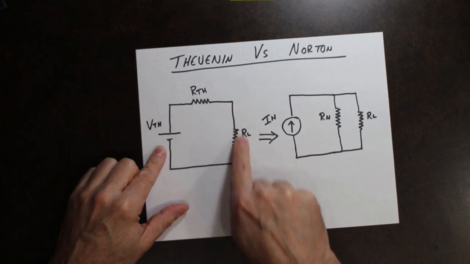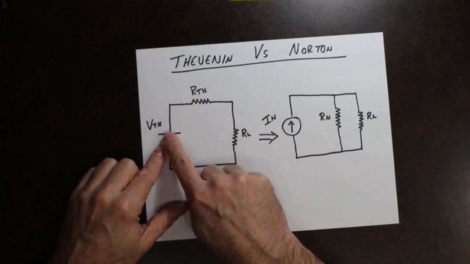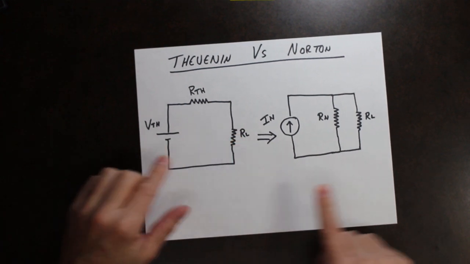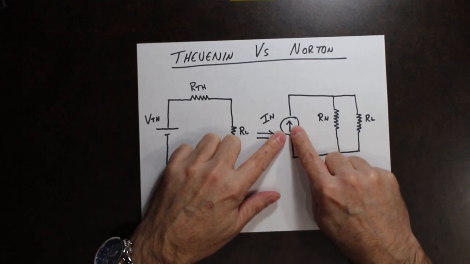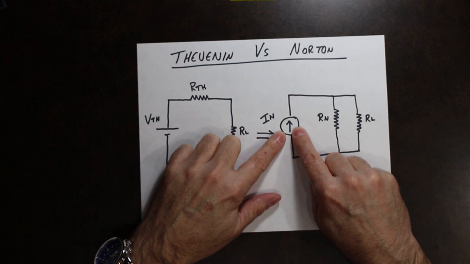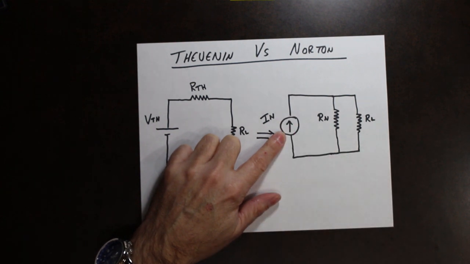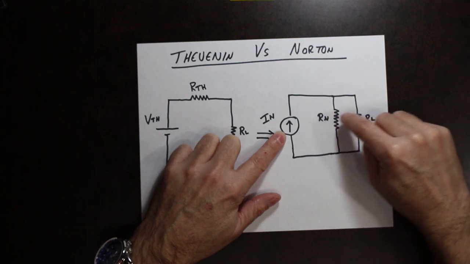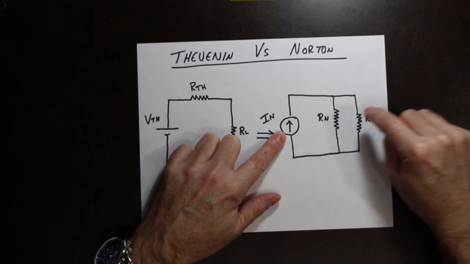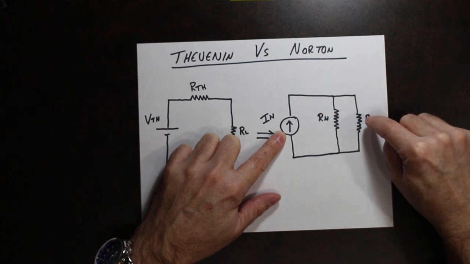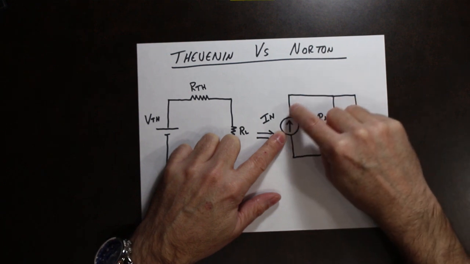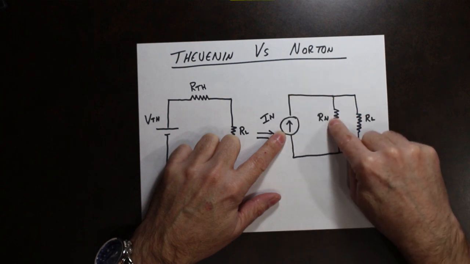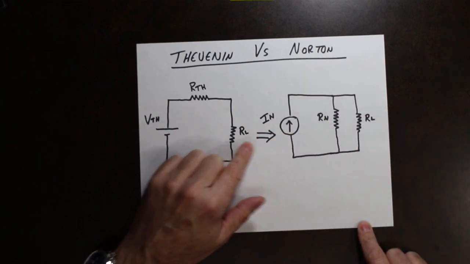So we've got a series circuit, and the voltage here is divided up between those two resistors. In Norton's, we have a constant current source. The current leaving the source remains constant, and it gets divided up between the two resistors. So we've got Norton's resistance and then our load resistance. In this parallel circuit, that current leaving the source gets divided up between these two.